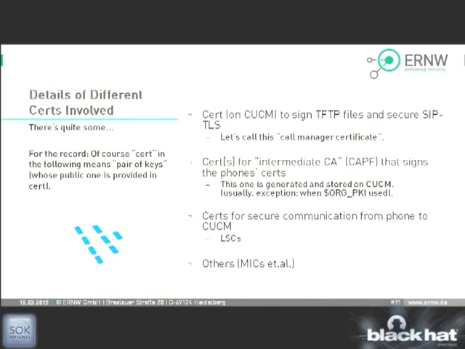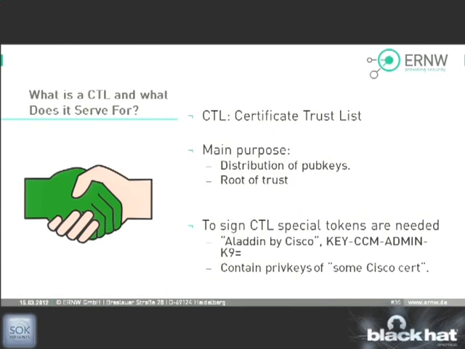Then there is at least one certificate for the CAPF, for that certain function, which in itself provides certificates to the phones. So this one serves as a CA. The phones have certificates called the LSCs, locally significant certificates, and there are even more certificates involved. But keep those 3 in mind. Those 3 will become important later on. There is that shortly introduced CTL.